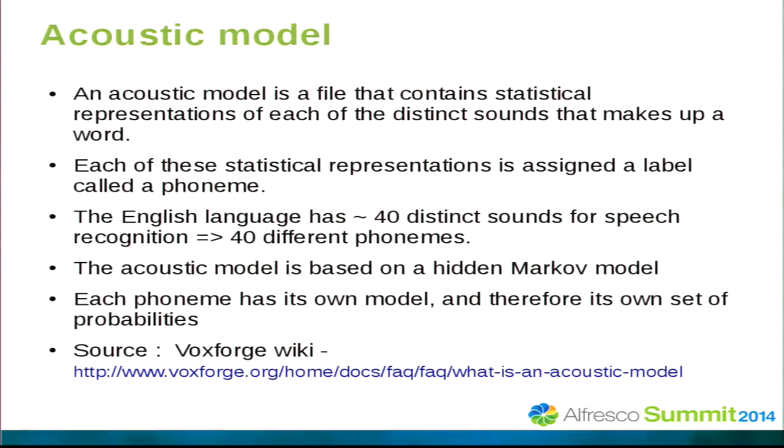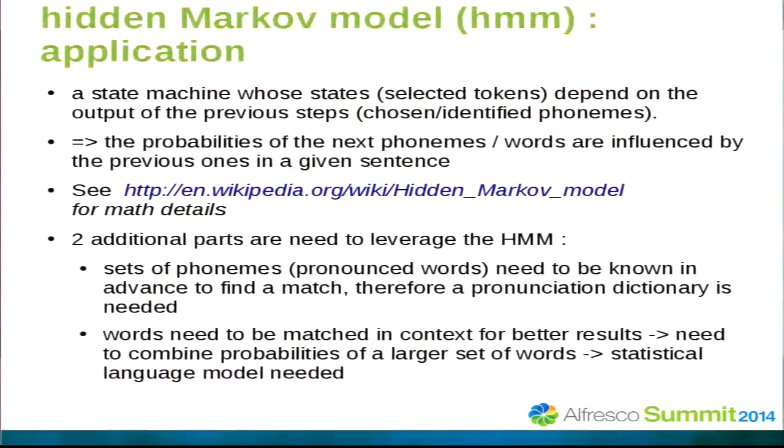That is basically how that works. And it is more complex than that, because every sound needs to be matched against all the others. So every specific sound has a specific set of probabilities. And basically how that works is using, as I mentioned, a hidden Markov model, which I will spare you the specific math details, because that is quite intensive.